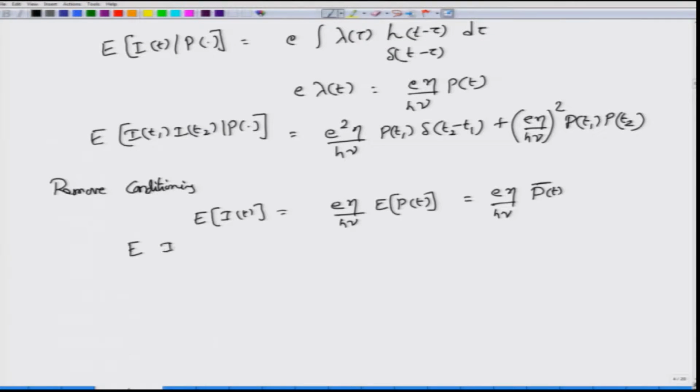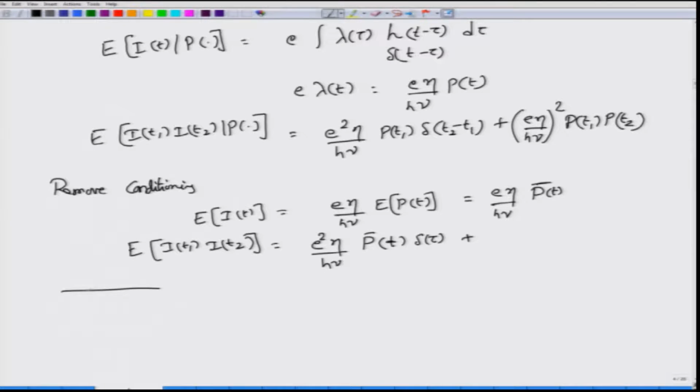Similarly, the expectation of I of t1, I of t2, which gives you the autocorrelation, is given by E squared eta by h nu times P bar of t, because the expectation goes onto that, and delta of tau, where tau is defined as t2 minus t1. So, tau is the lag that we are considering, plus the second term.